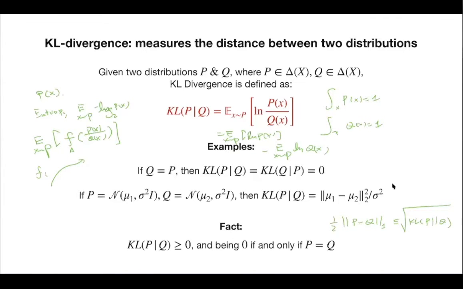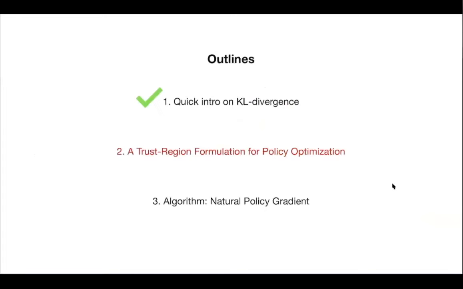Okay, so this is just another fact. We're not going to prove that. Okay, so that's basically the 1 minute quick intro of KL divergence. You can think about this as a divergence measure between two distributions, which quantifies how far away these two distributions are from each other.